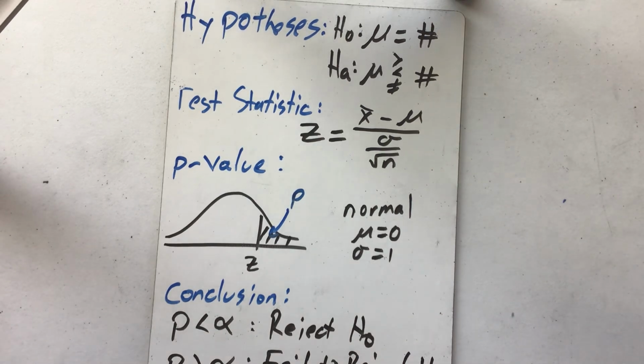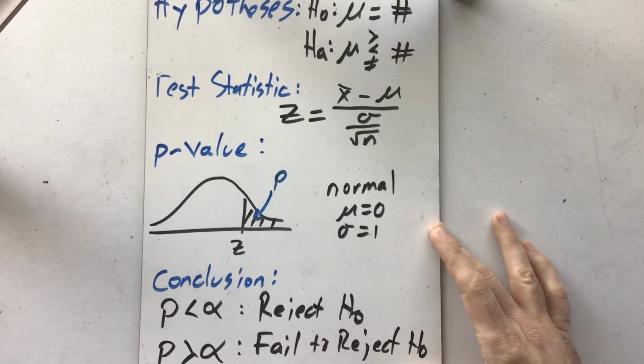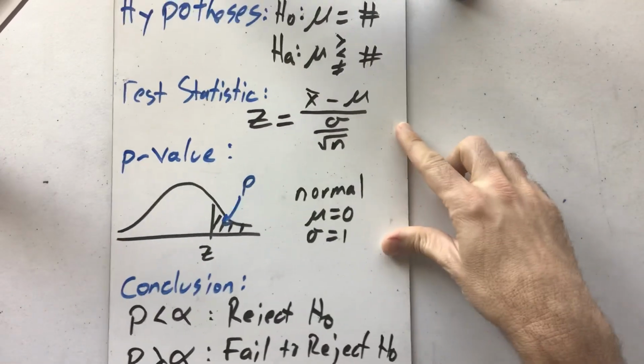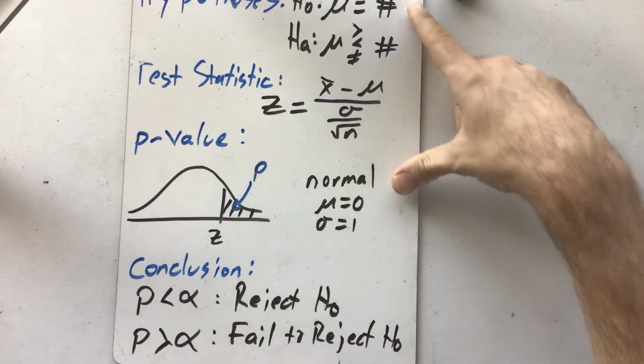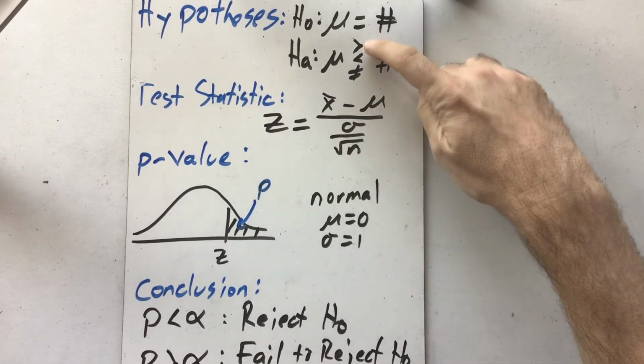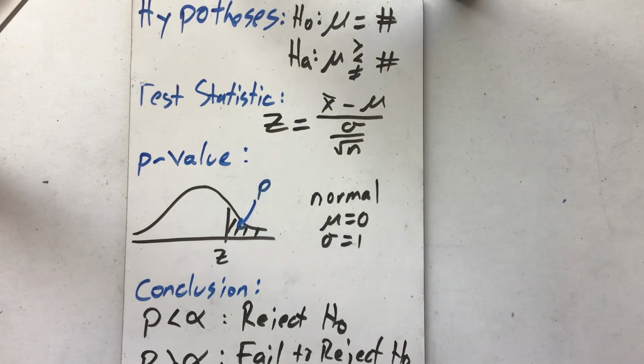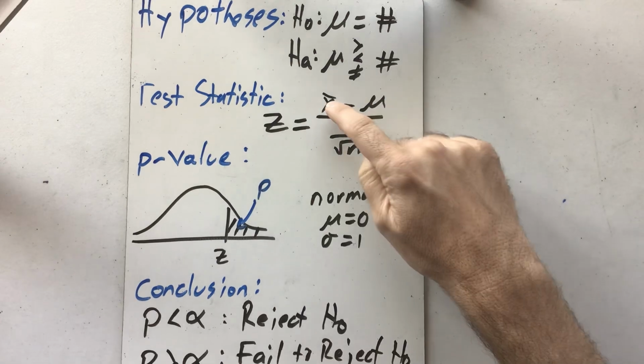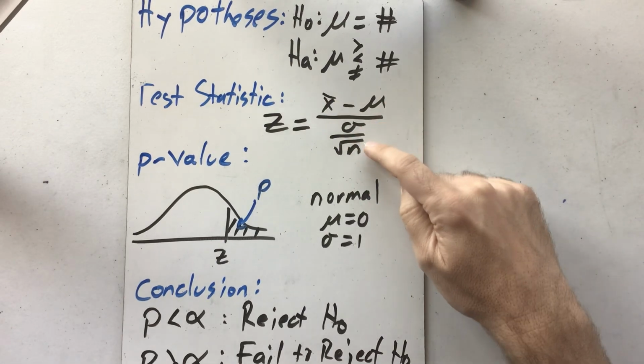As we saw in the last section, when we did a hypothesis test, our null hypothesis was always that mu is equal to some number, and our alternative hypothesis was that mu is greater than, less than, or not equal to that number. So we had some standardized number. Our test statistic was given by x bar minus mu over sigma divided by the square root of n.